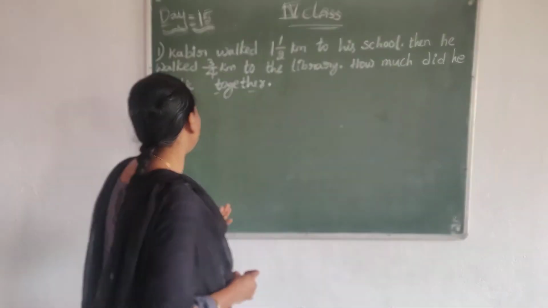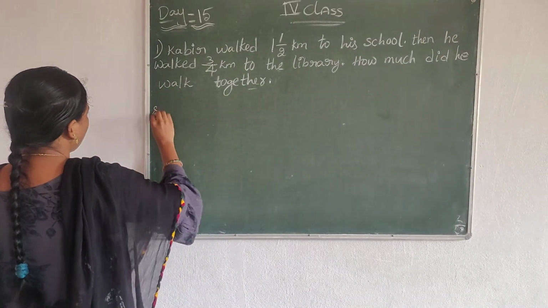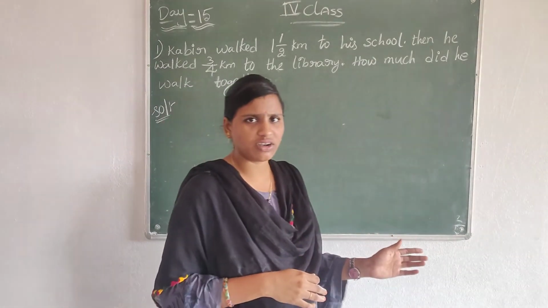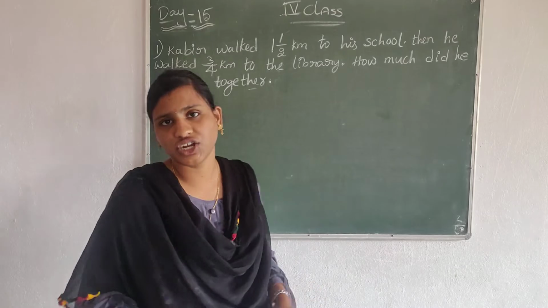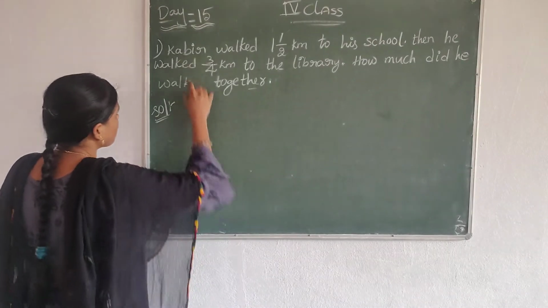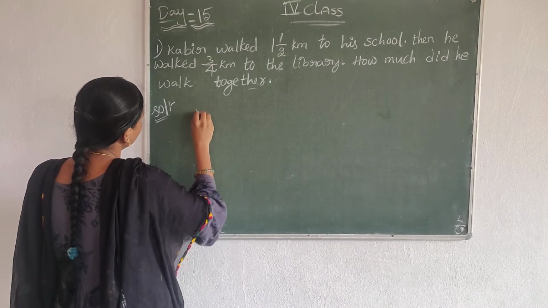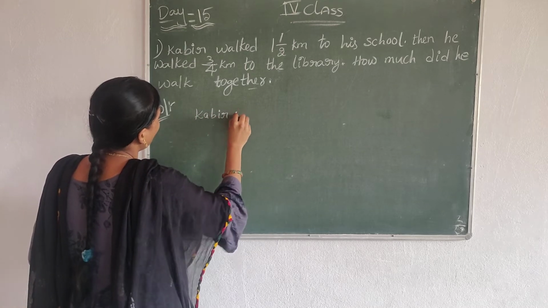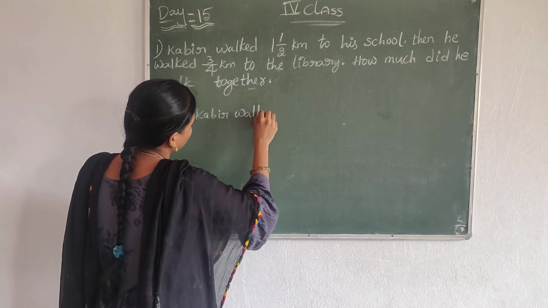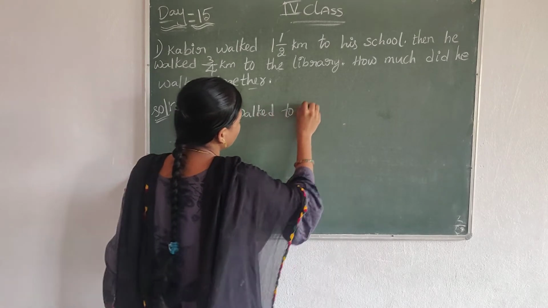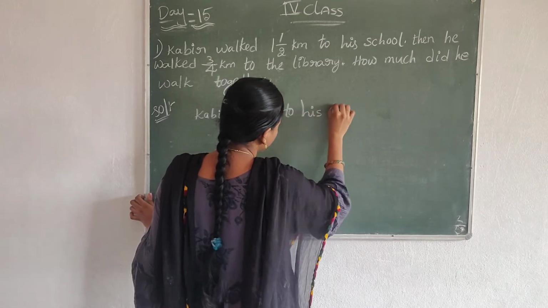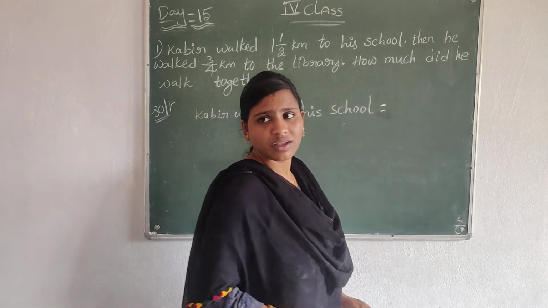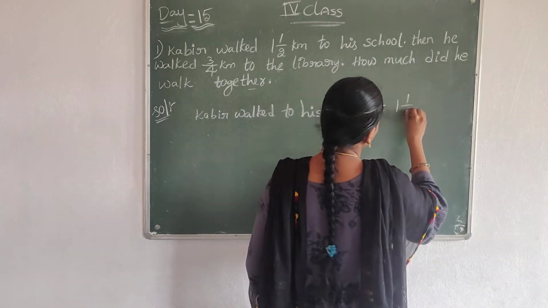Okay, let's see the question. In this sum, what do we have to do? Addition or subtraction? Together means addition. Okay, let's do it. Write the given. Kabir walked to his school 1.5 kilometers.